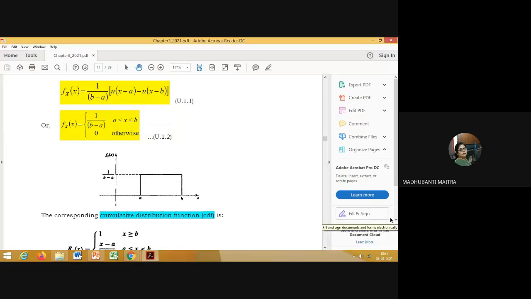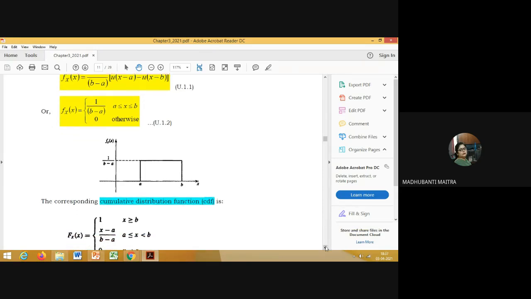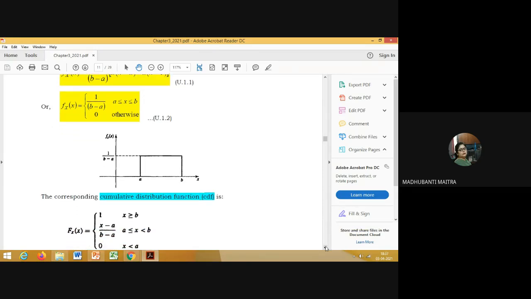Within this region. So do you have pen and paper with you? Yes, ma'am. So if this be the density function, then find out the distribution function. How to find the distribution function?